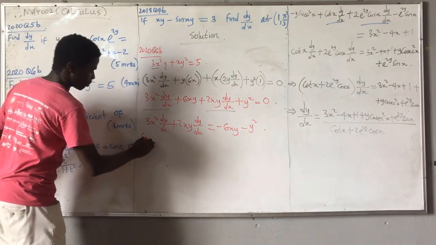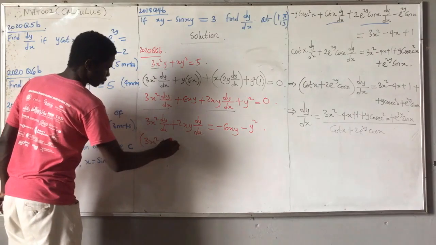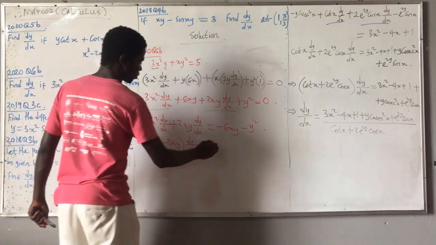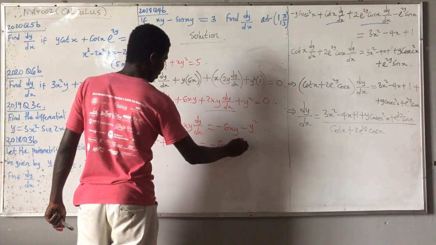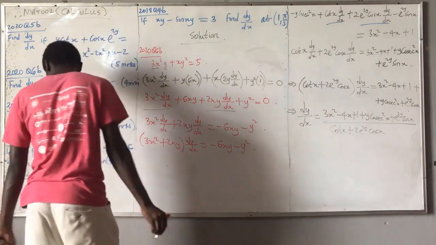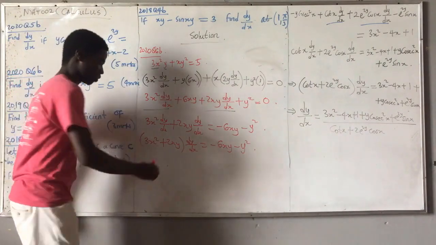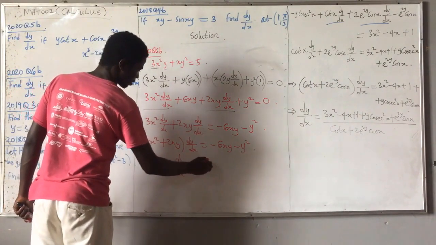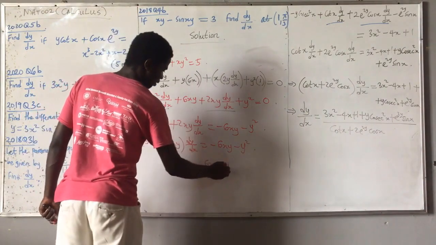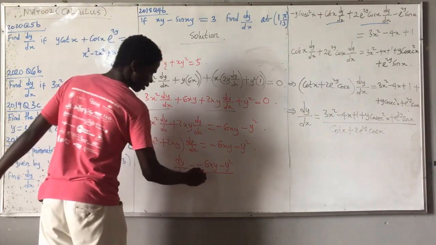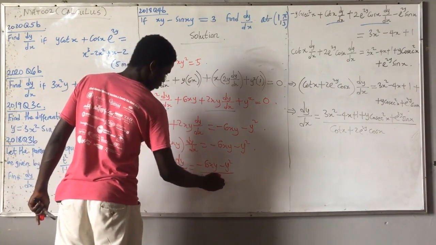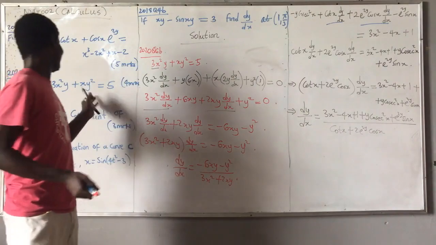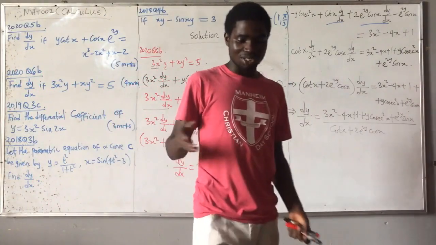This one will be having 3x squared plus 2xy, dy/dx is equal to minus 6xy minus y squared. Right? So the dy/dx will be equal to what? Minus 6xy minus y squared all over 3x squared plus 2xy. That's what we are going to have. So that's the answer to the second question.